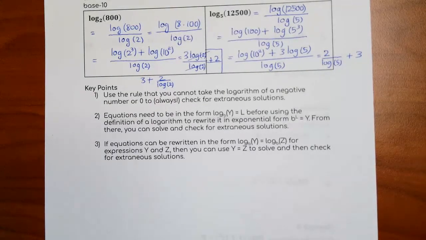The first point says use the rule that you cannot take the logarithm of a negative number or 0 to check for extraneous solutions. Now remember, for an equation you may have a solution which when you check it may not satisfy the equation.